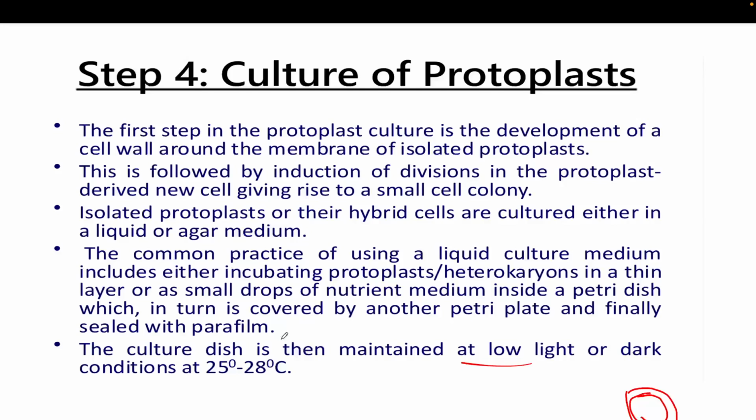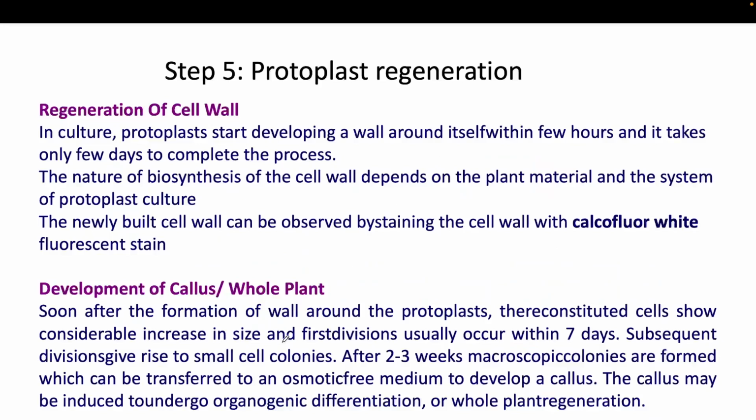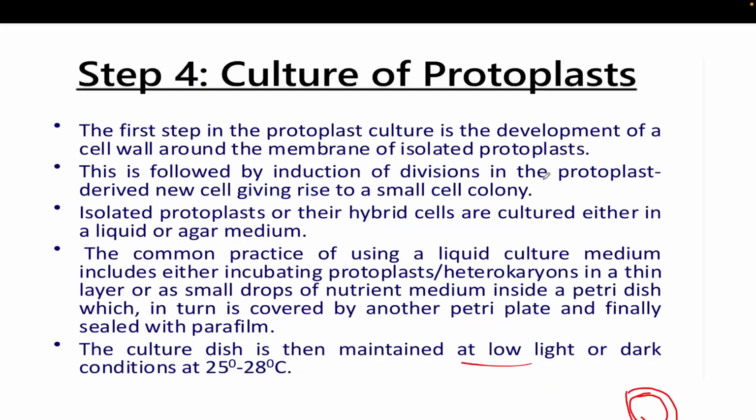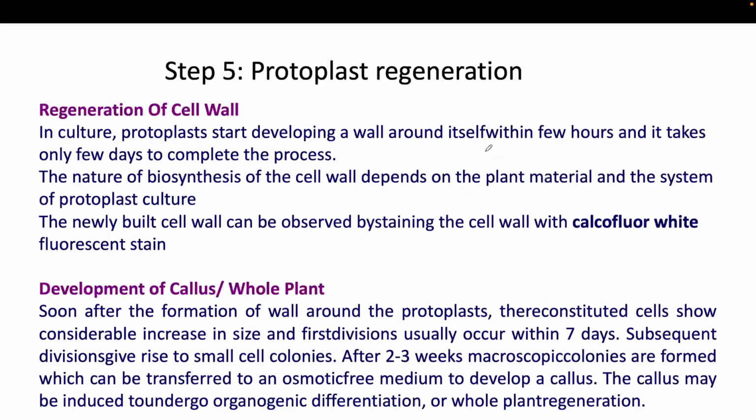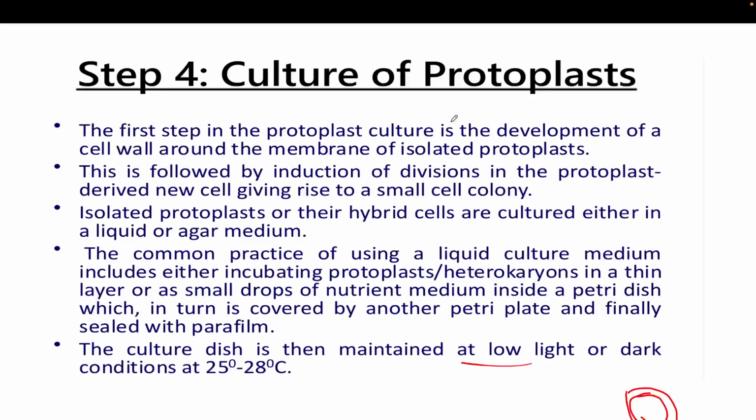Okay, so this is the culture of protoplast. Now in the final step you require protoplast regeneration. This process is regenerated from the culture of the protoplast, meaning this protoplast regeneration comes under the culture of protoplast only.